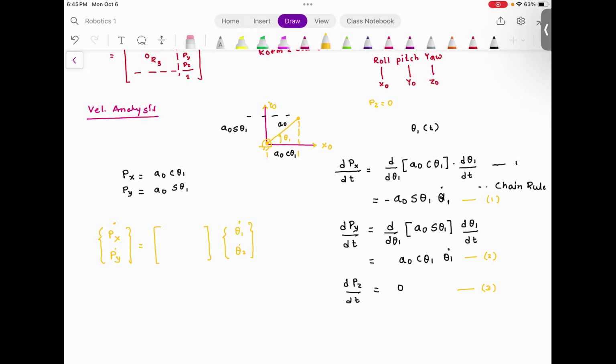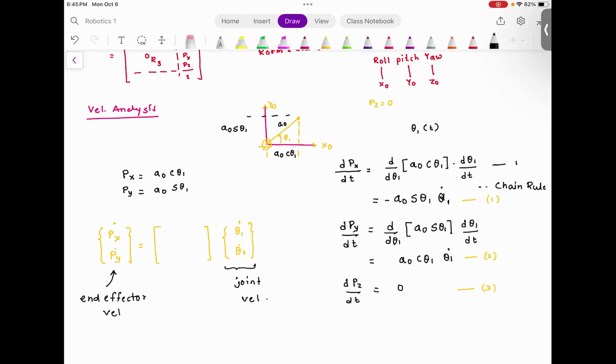Why am I writing it like this? Because please try to understand, this is the end effector velocity, and this is the joint velocity. Do you agree with me?